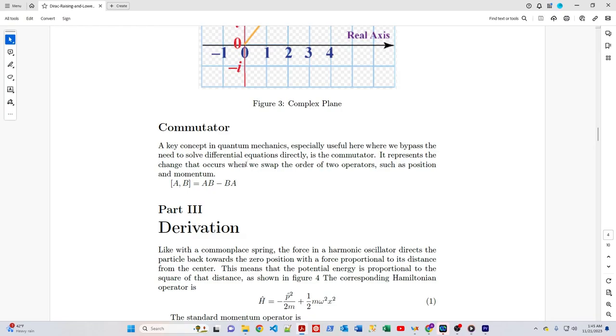And for some of these operators, it matters which order you do them in. So if I do A first and then B, I get a different answer than if I do B first and then A. And that difference is called the commutator. And it's very fundamental in quantum mechanics, not just in today's problem, but in general, and we're going to use it.